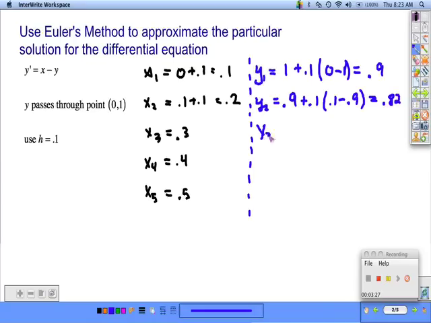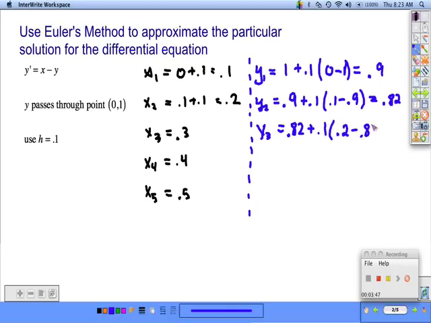y sub 3. We take the previous y value and we add on the step size times the function evaluated at the previous point. Our function being x minus y, we do 0.2 minus 0.82.